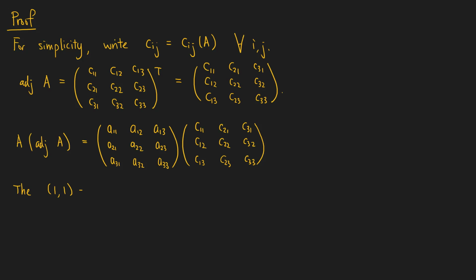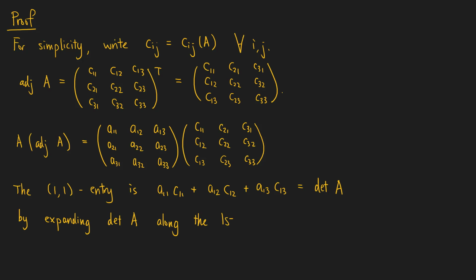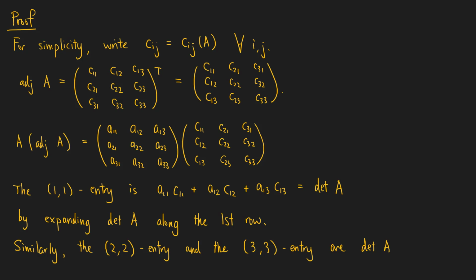The 1-1 entry is A11 times C11 plus A12 times C12 plus A13 times C13, which equals the determinant of A by expanding the determinant of A along the first row. Similarly, the 2-2 entry and the 3-3 entry are also equal to the determinant of A by expanding the determinant of A along the second and third rows respectively.